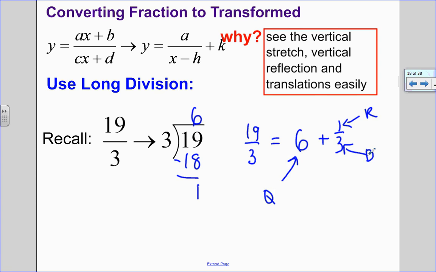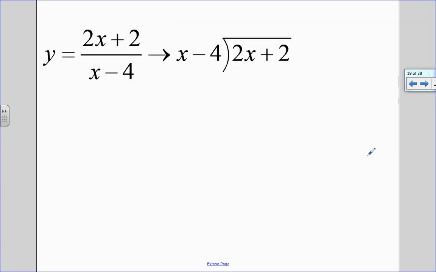Let's use that now to do polynomials. If I want to do 2x plus 2 divided by x minus 4 to write it in transformed form, I set it up like this. I just use my first terms, so 2x divided by x is 2. Now I multiply: 2 times x, 2 times negative 4, and I subtract. 2x take away 2x is 0. 2 take away negative 8 is positive 10.